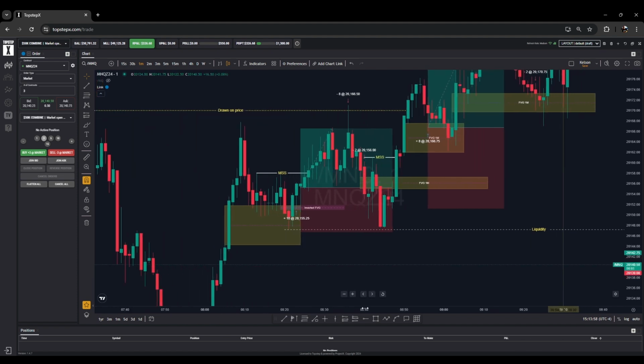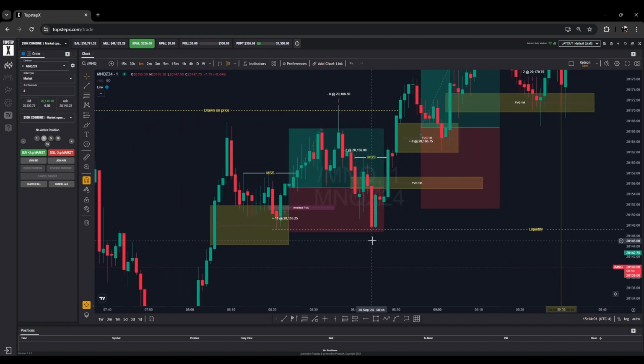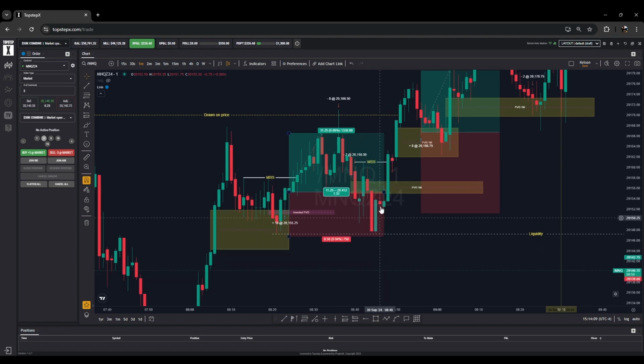Then after this happened, about 8:44, 8:45, 8:48, I saw price displacing above this high, giving me a market structure shift, giving me an A plus model with the fair value gap right here.